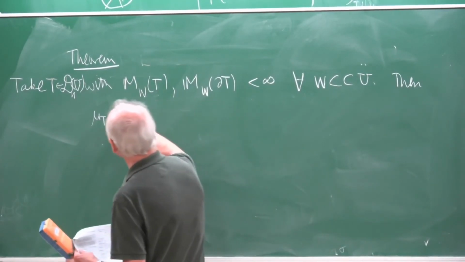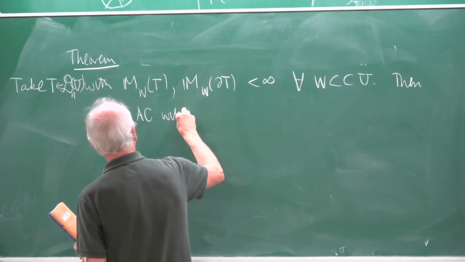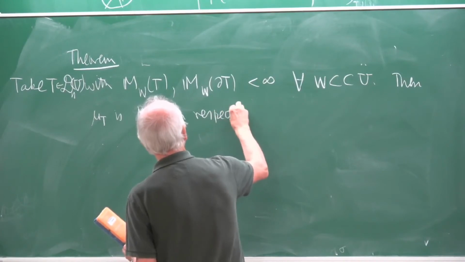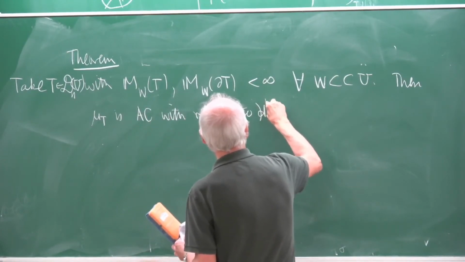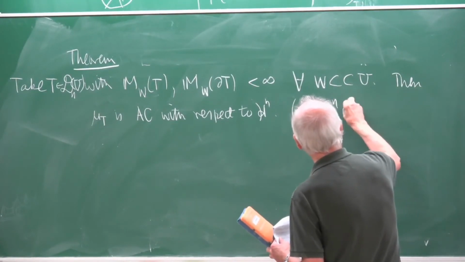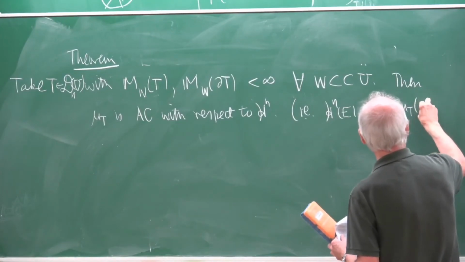Then mu T is absolutely continuous with respect to Hausdorff n-dimensional measure. In other words, H^n(E) equals 0 implies mu T(E) equals 0.